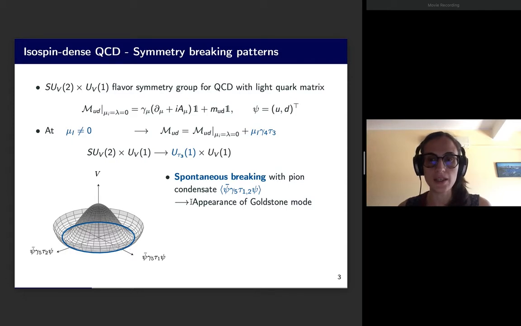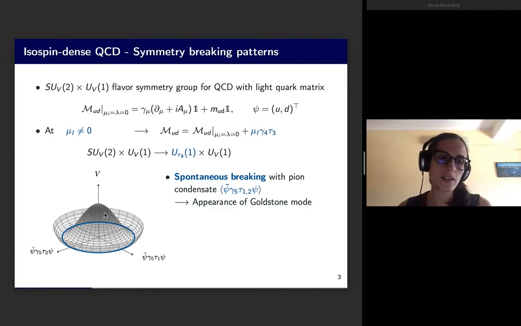Basically, what we have at non-zero isospin chemical potential is a spontaneous breaking with some non-zero value of the pion condensate, which is nothing but the location of the circle on either of the two axes of this plot.